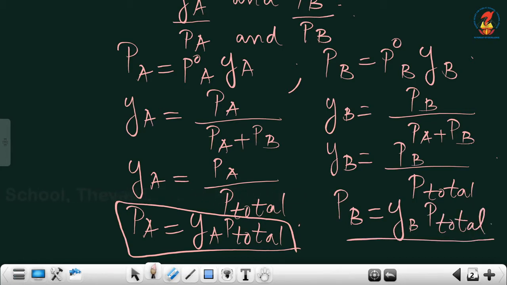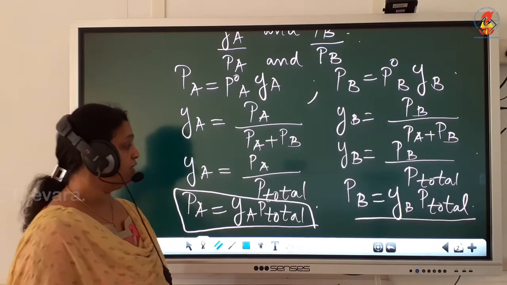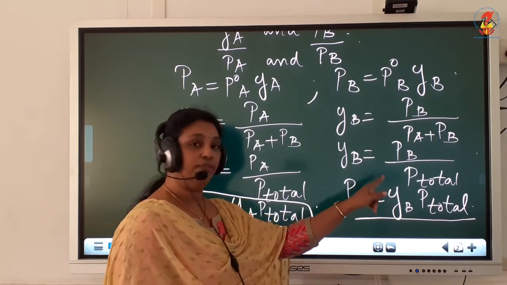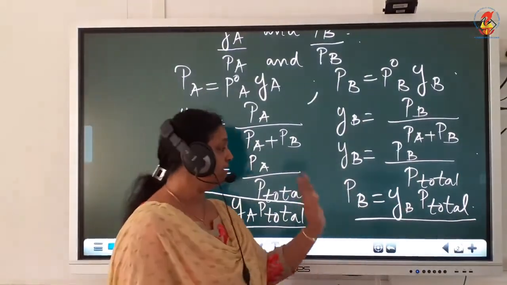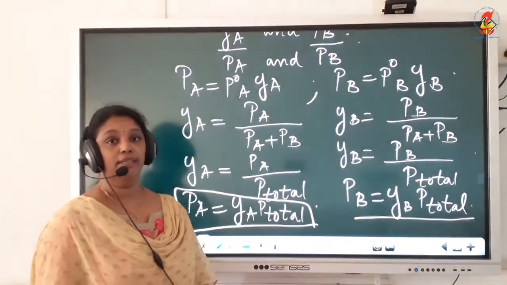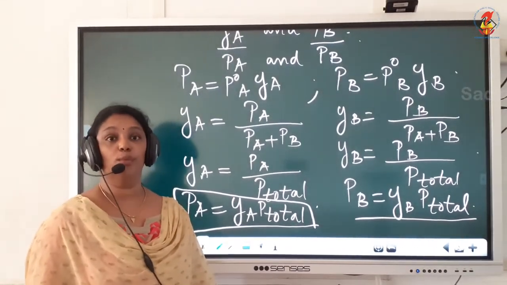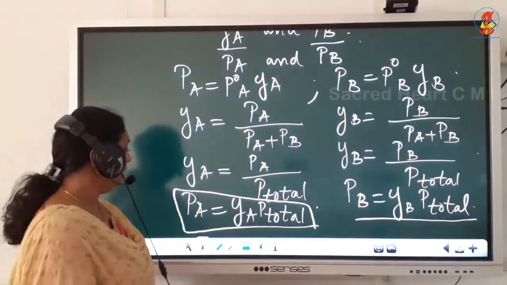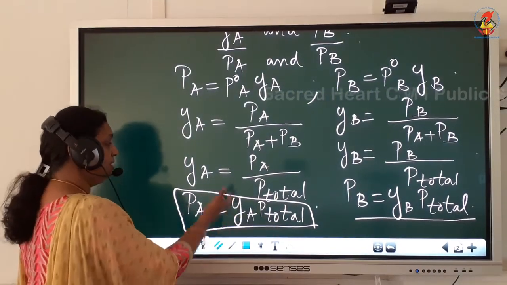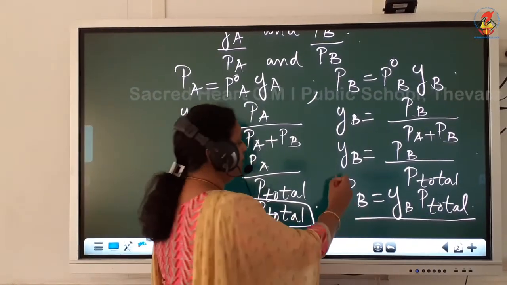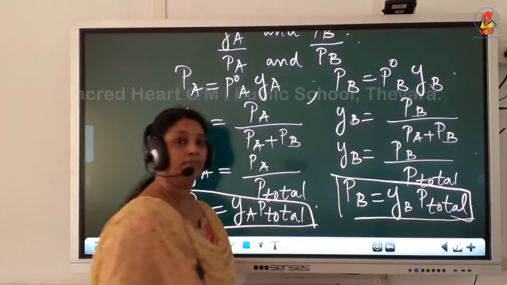So we can get the partial pressure of B in vapor state if you know the mole fraction of component B in vapor state and the total vapor pressure. This is the expression to find the composition of components in vapor state: PA is equal to YA into P total, from which you can find YA as PA by P total, and PB is equal to YB into P total.